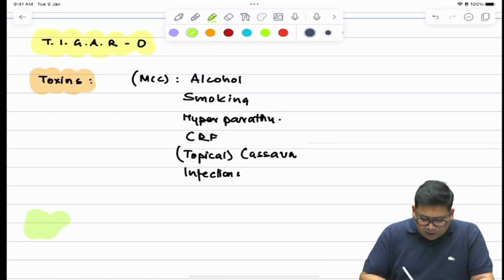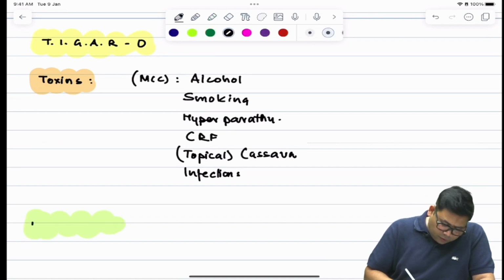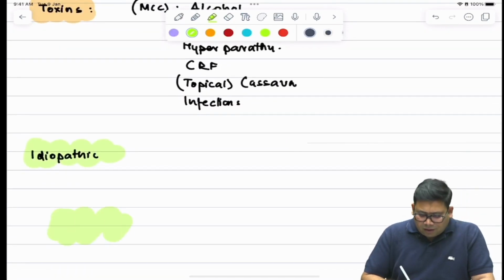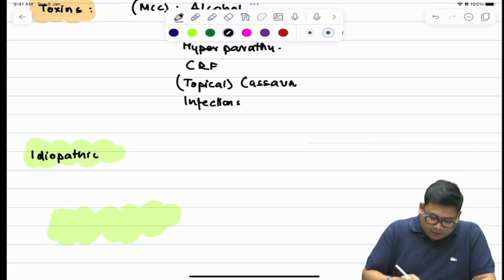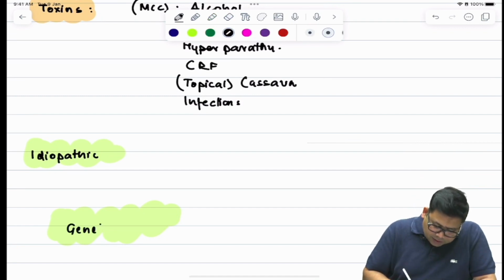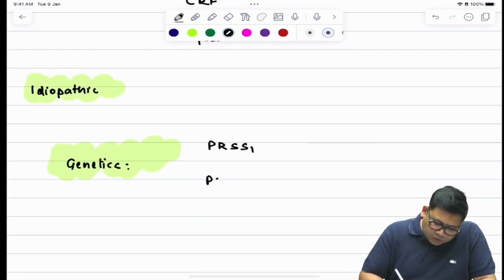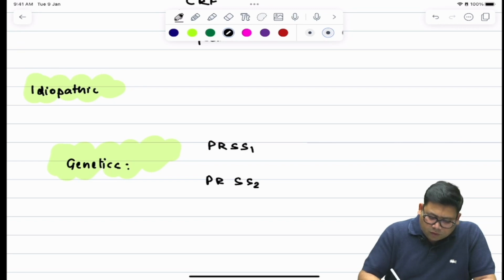Then we have I, which is idiopathic, and when we talk about the G, what is G, students? Genetics. When we are talking about the genetic causes of chronic pancreatitis, let us try to understand. We have PRSS1 and PRSS2. What is PRSS1?